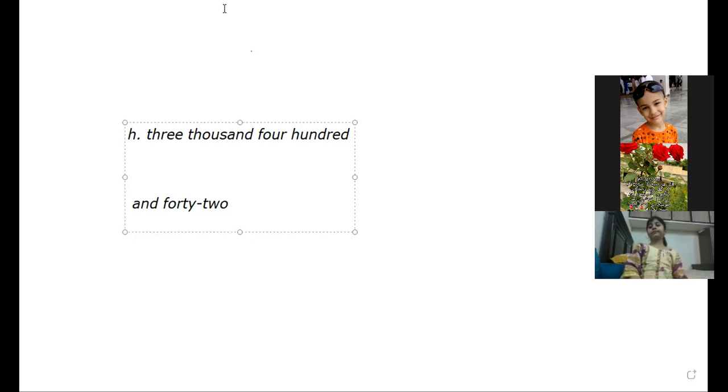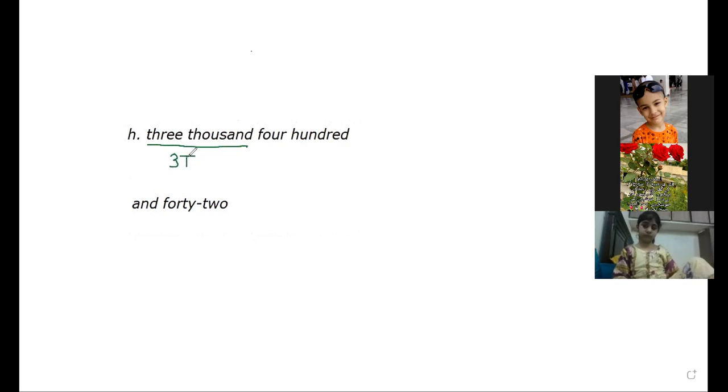First I'm going to find what they are saying in this one. How many thousands do we have? 3,000. It means I have to make a place value chart till 1,000, only 1,000.